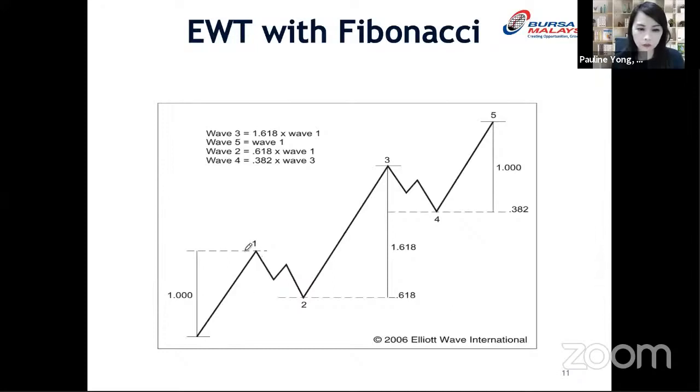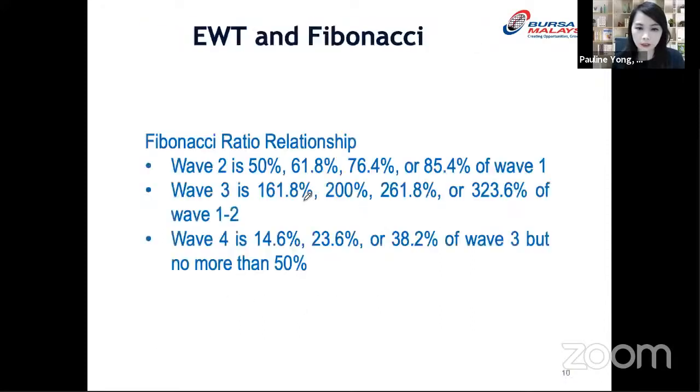So when you are doing wave 1 and then 2, it says that wave number 2 is at least 50%, or 618, or even lower. Okay, so this part here, in my practice, I don't always see it like this.